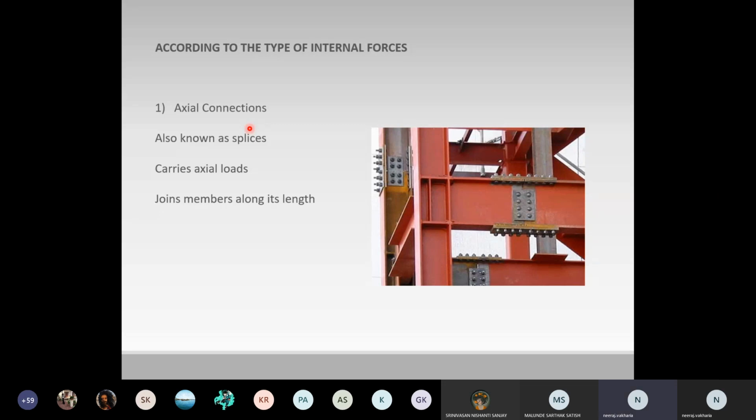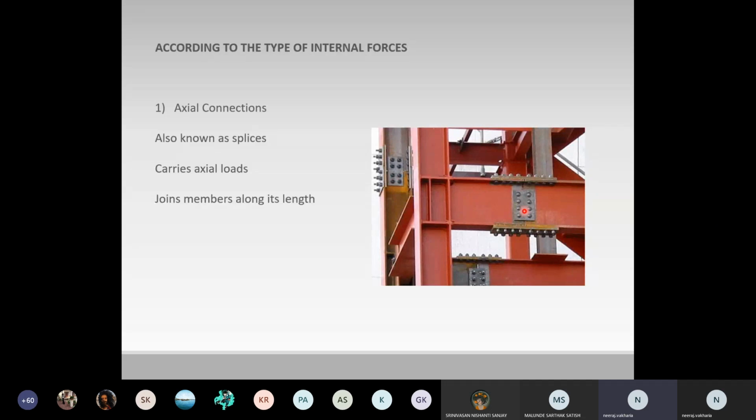Typically, as we saw in the bolted connection also, if you see in the image, these two members are connected via riveting and have created a splice. Here you can see in column to column connection, they've used a metal plate with the bolts to create a column splice, and this is a beam splice.